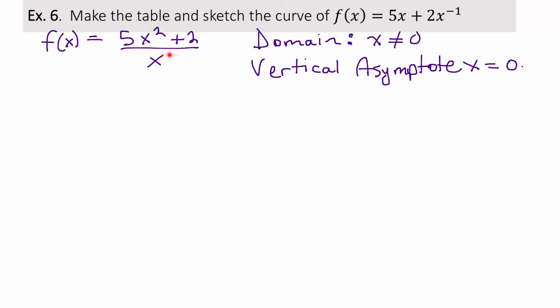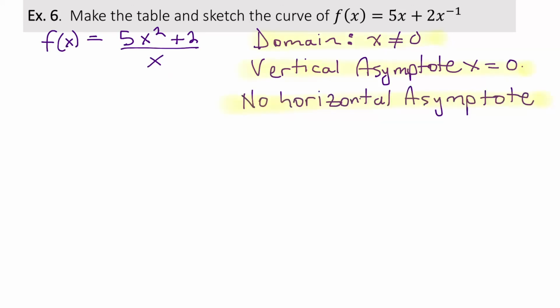So that tells me I have no horizontal asymptote. I am going to have a slant asymptote, but I'm going to tackle those in section 4.6. So let's just say at this point we have no horizontal asymptote. Next, let's find f prime of x.